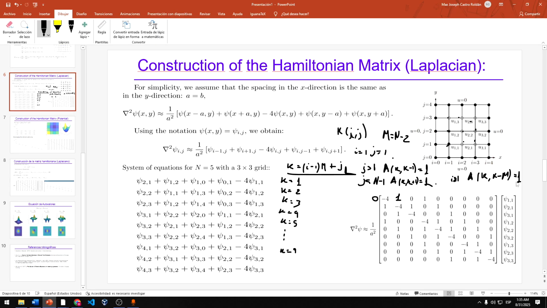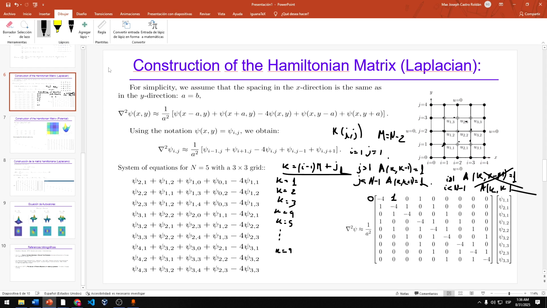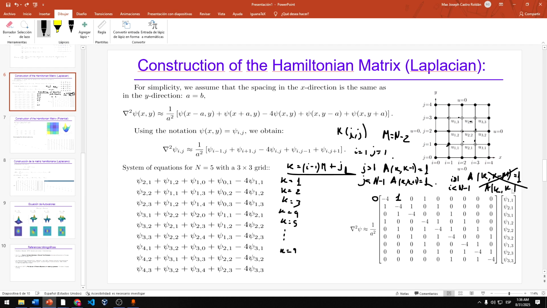Esta condición queda inválida por ahora. Si I es menor a N menos 1, A sub K, K más M es igual a 1.